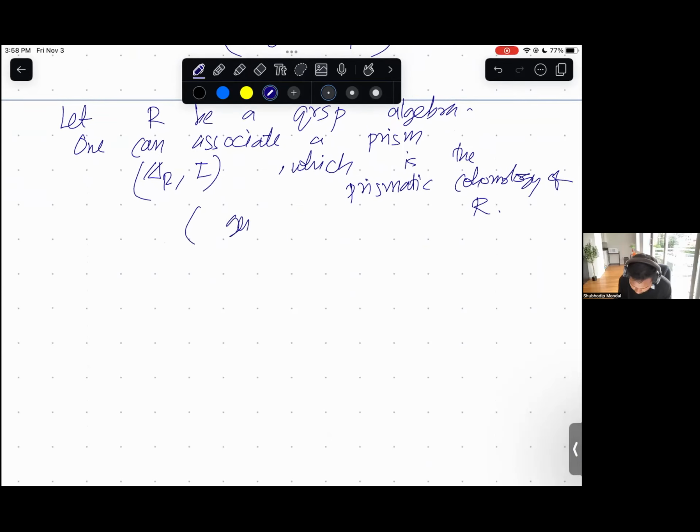So maybe let me just write that this actually generalizes the setup in characteristic p.